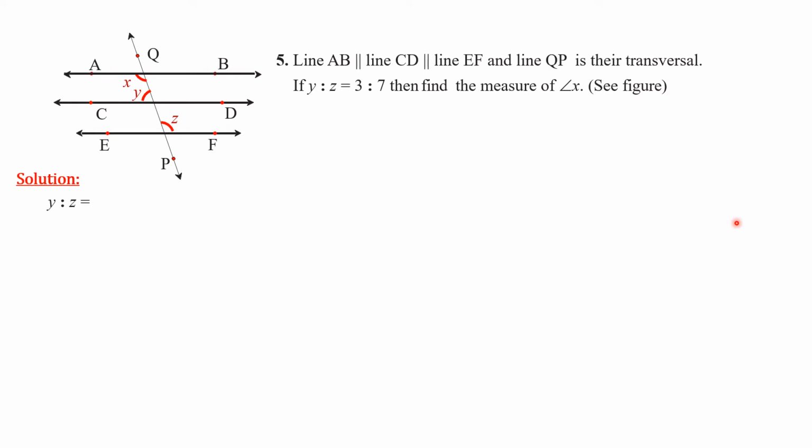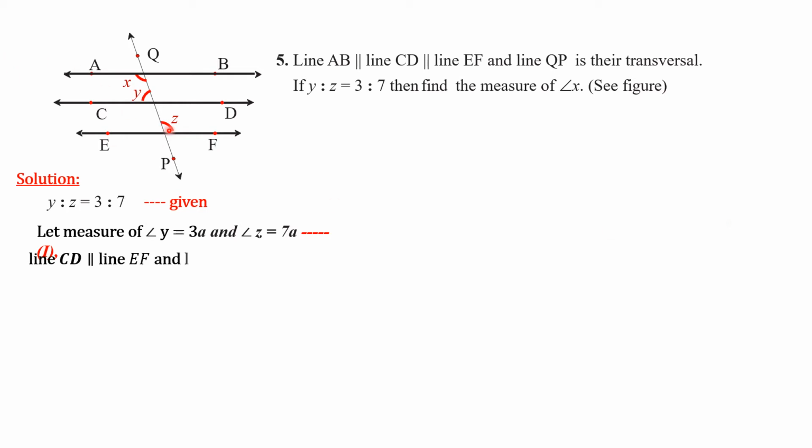Y is to Z is equal to 3:7. This is given. Let measure of Y is equal to 3A and Z is equal to 7A. This is statement number 1. Line CD parallel line EF and PQ is a transversal.